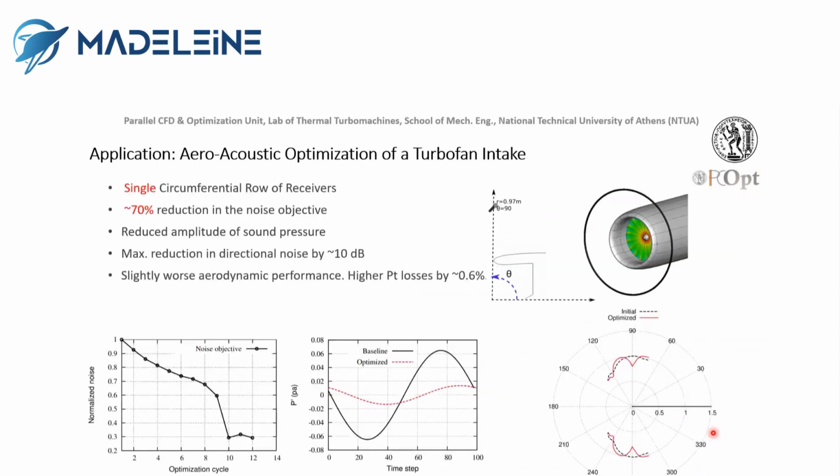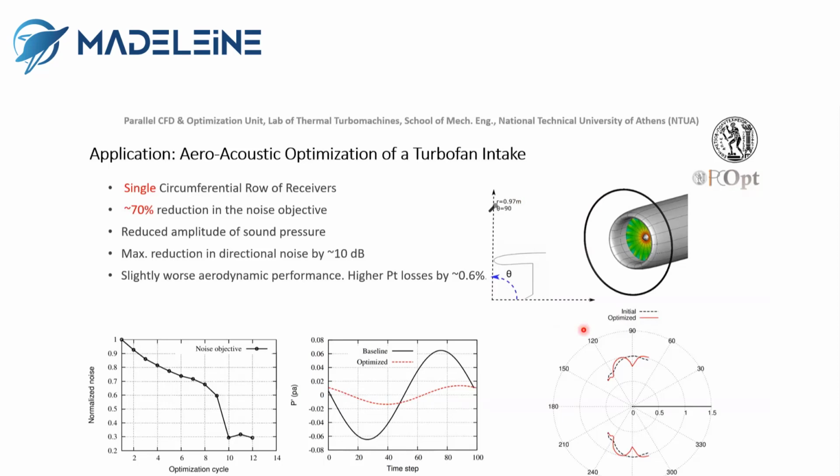So, for the first optimization run, we are placing a single circumferential row of receivers at a specific angle. So in this case, the objective function is the summation of the contribution from all the receivers.